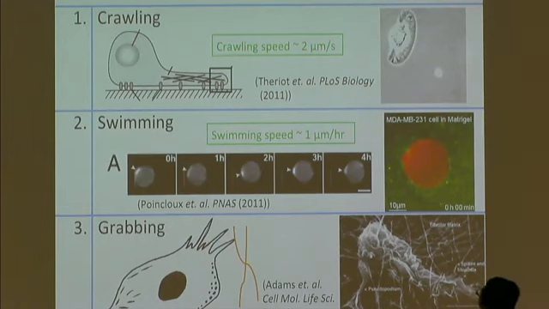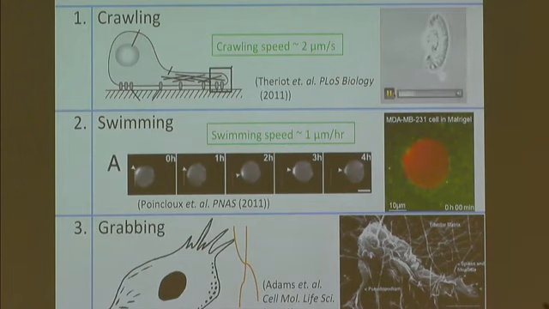The first one is called cell crawling. Let me play them. What they did here, they put a cell on a glass surface, and they observed that this cell can move.